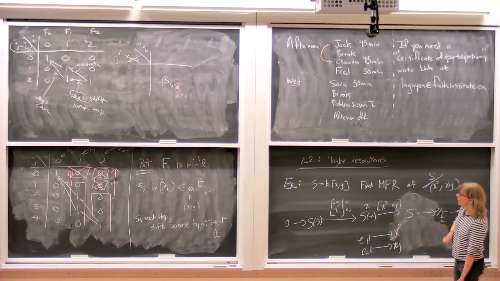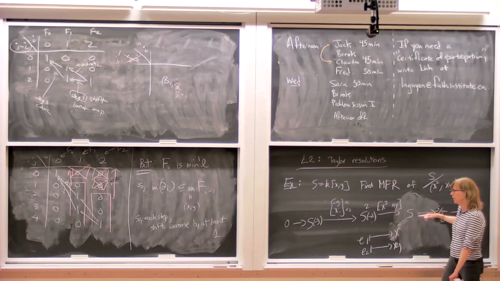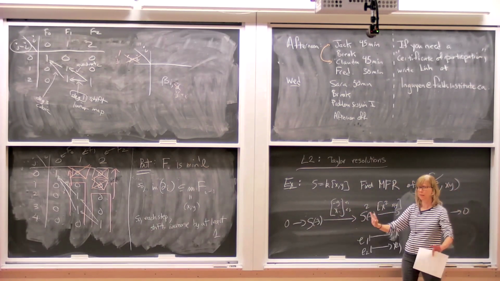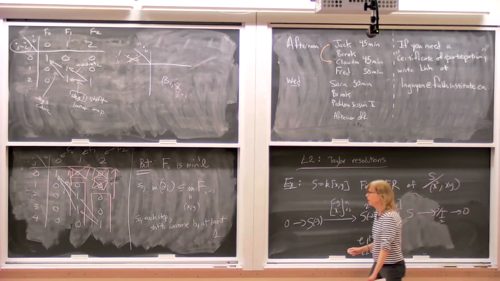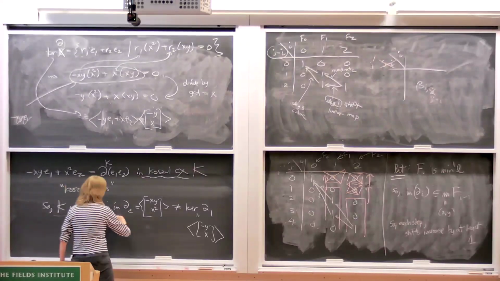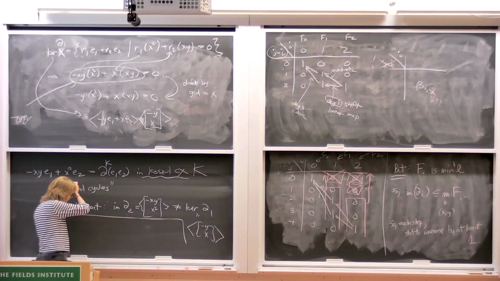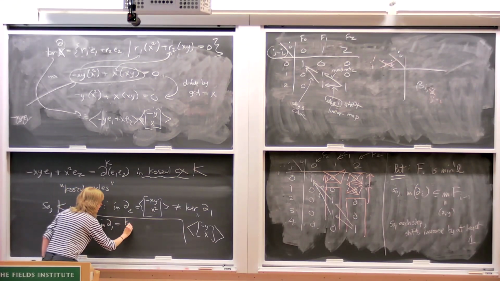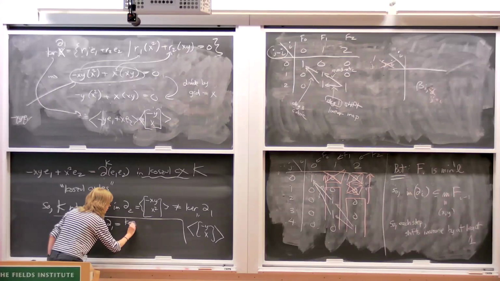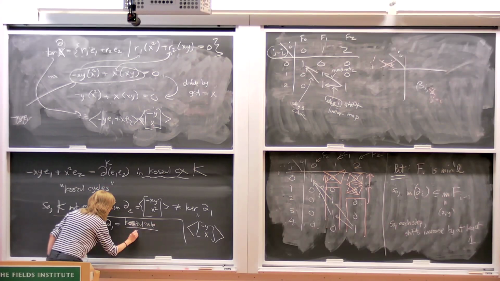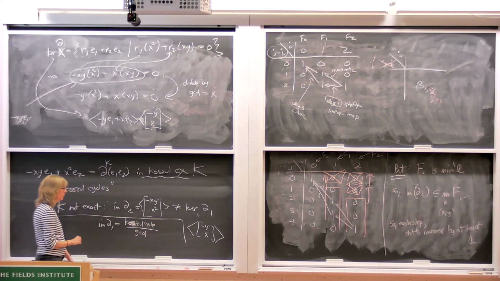So Taylor resolutions are essentially the Koszul complex with some GCD-like things divided out. And in fact, the image of delta 1 is really the Koszul cycle divided by the GCD of the two things.